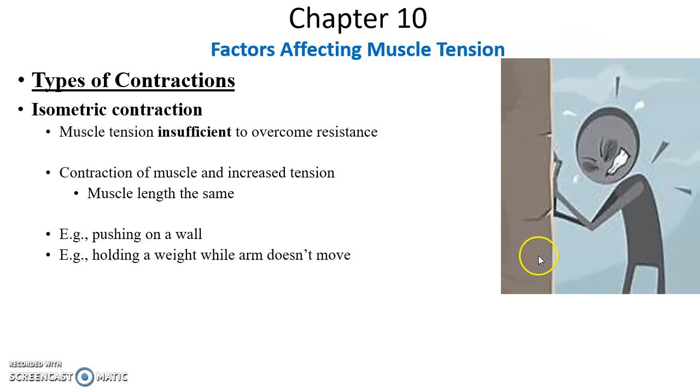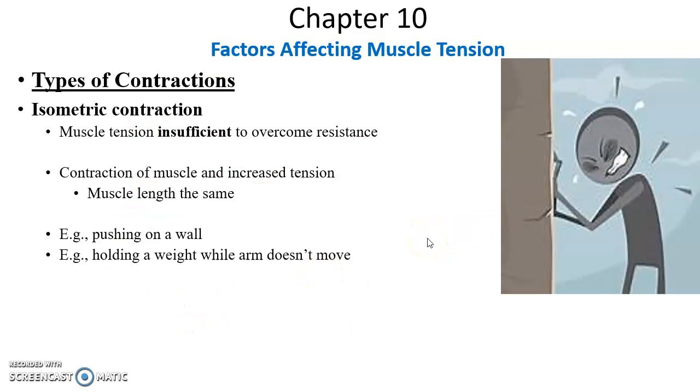So say someone is pushing on a tree or a wall, they're not strong enough to knock over that tree or wall, but they are generating force. They are using up resources. So there's an increase in tension, but the muscle length stays the same. So that is an isometric contraction.